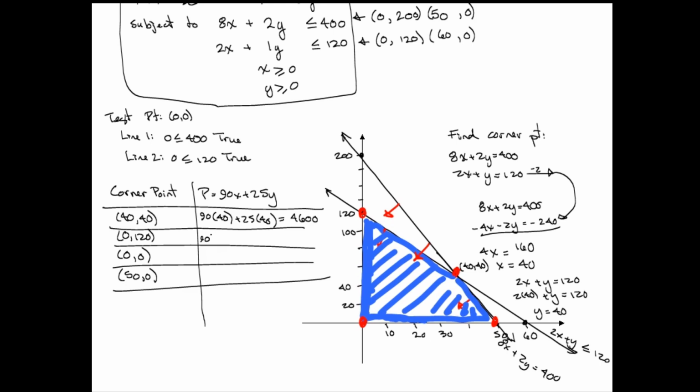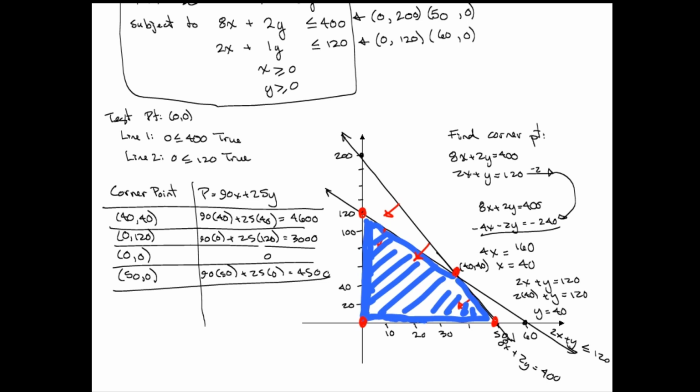Here, 90 times 0 plus 25 times 120 should give me 3,000. Here I'm going to get 0. Here I have 90 times 50 plus 25 times 0. So this one gives me 4,500.